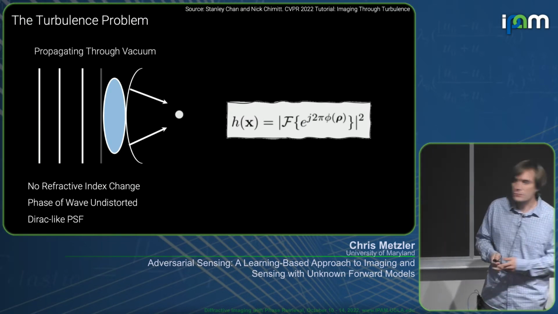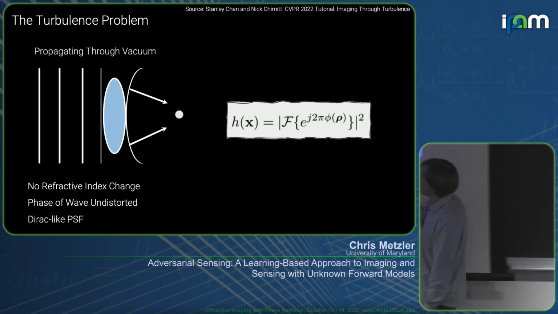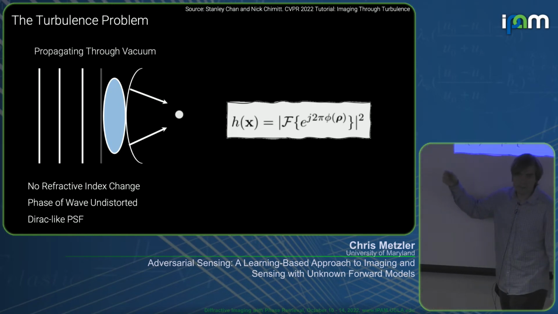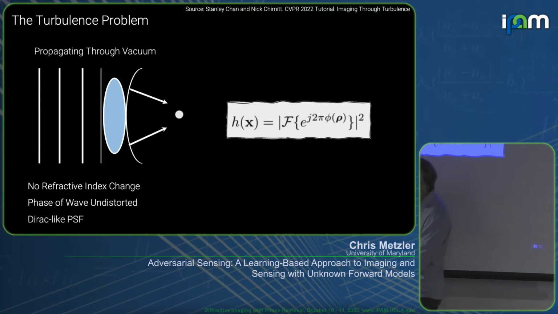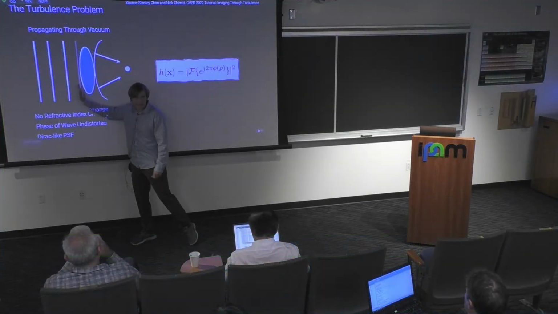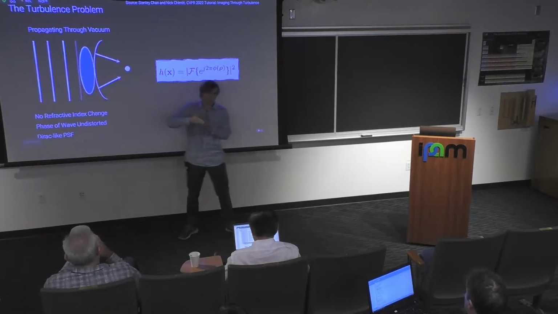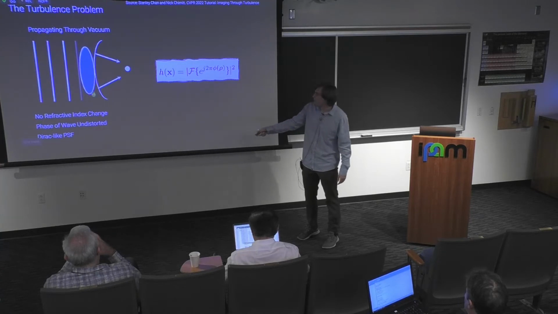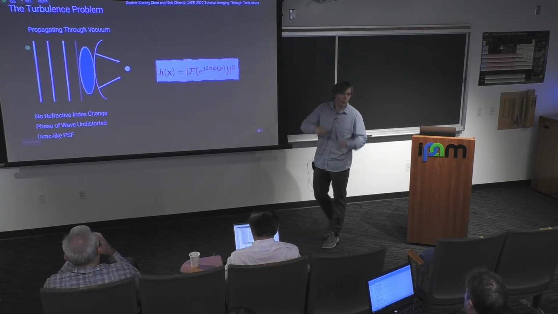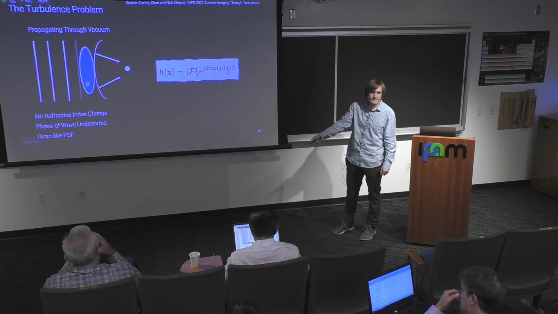Now, Fourier optics 101: at each point in the scene, the point spread function is determined essentially by the phase error at the aperture plane. If we have no atmospheric turbulence, a point source is going to produce a plane wave when it hits the aperture.